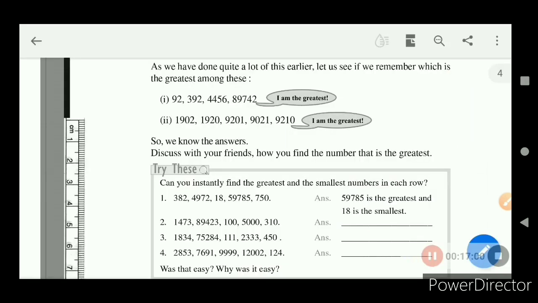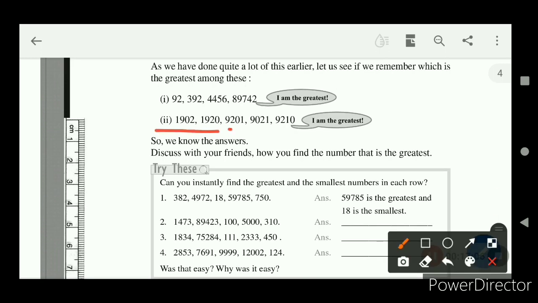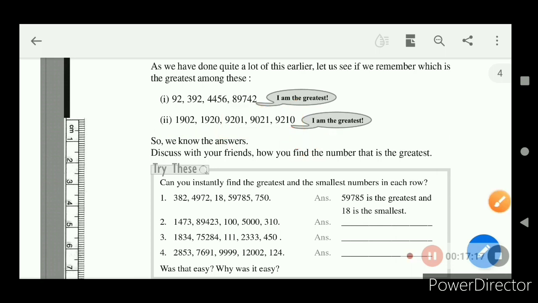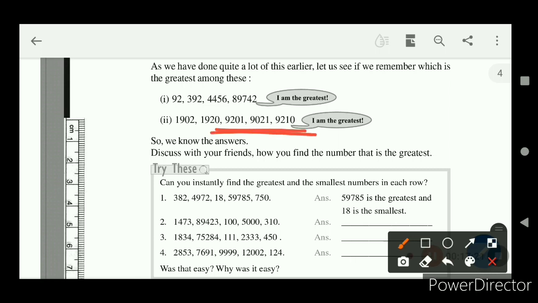In this example we knew that these start with 1 and these start with 9, so only these three had to be compared, and this is what is said in step 2.